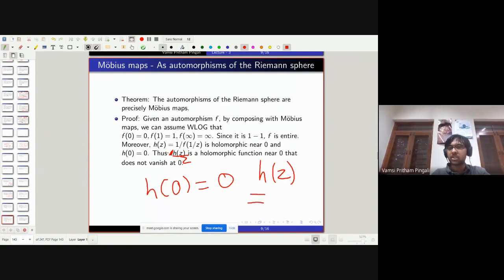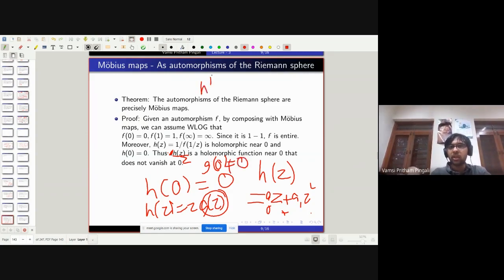If you write down its Taylor expansion, it starts with a0 times z plus a1 z squared and so on. So h of z is z times some function g of z. The point is g of 0 is non-zero. Why? Because the derivative of h at 0 is simply g of 0. And the derivative of a one-to-one function is not 0.